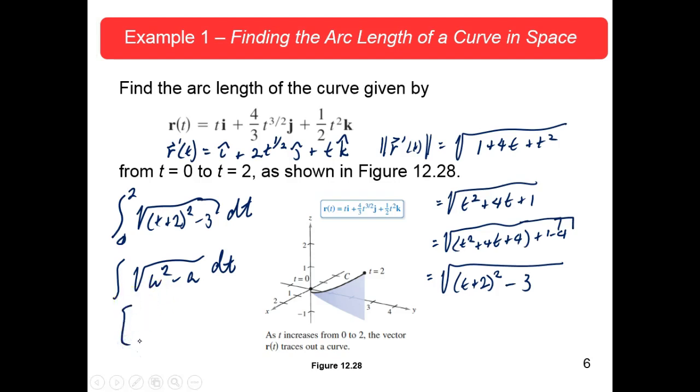That integral is going to be, I'll put my 1/2 out front, and then the u is t plus 2 times the square root of (t plus 2) squared minus 3, exactly what our integrand there is, minus your a, remember, is the square root of 3.